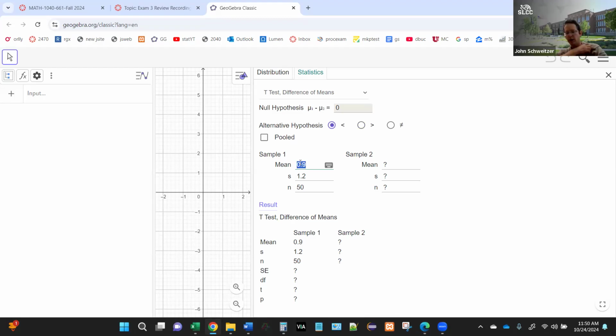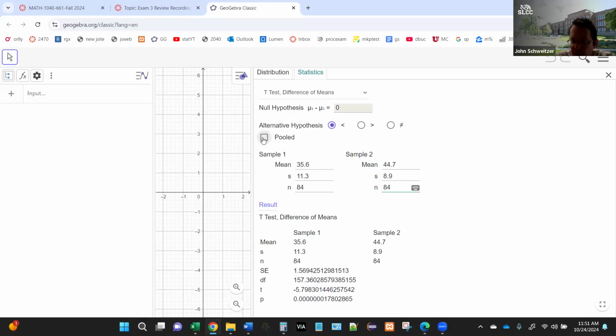So we put in the mean for the females. The sample mean was 35.6 with a standard deviation of 11.3, and there were 84. And then for the leading actors, we'll go 44.7, 8.9, and then 84. One other thing, make sure you do not select the pooled. You would use pooled if you had reason to believe that the standard deviations in the two populations were the same.